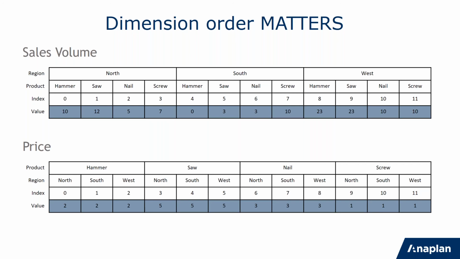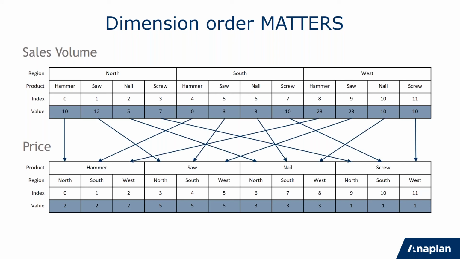This is exactly the same stuff that we had before, but you can see that everything's mixed up between the two. And if we actually draw the lines between them, as I'm walking across revenue, it's either going to be in one order or the other. So it's either reading in sequence from sales volume, or it's reading almost completely randomly from price.